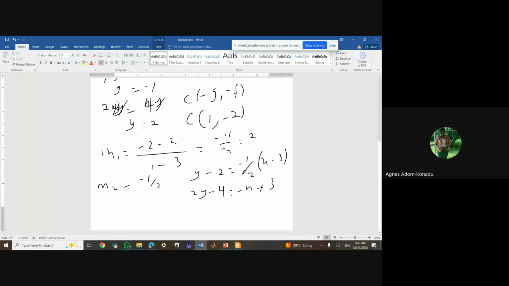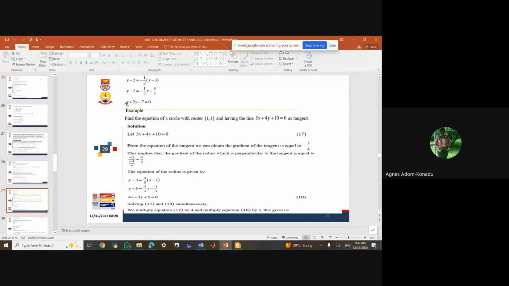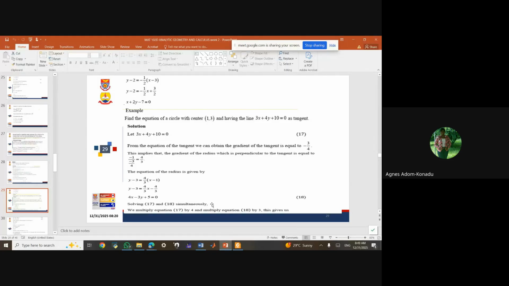So 2y plus x minus 7 is equal to 0. That is the equation of the tangent that we are looking for. So I have x plus 2y minus 7 equal to 0. So that's what we are looking for.